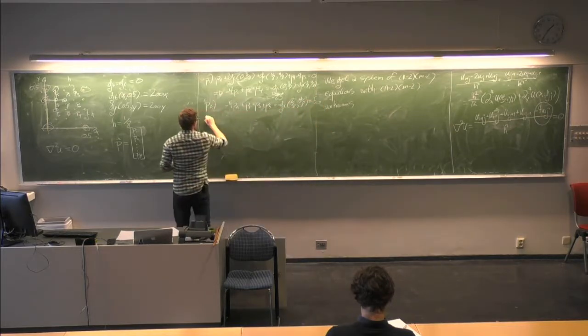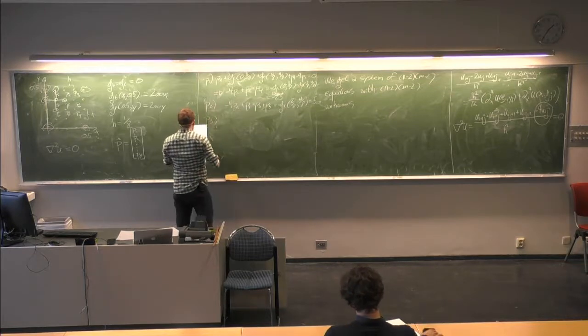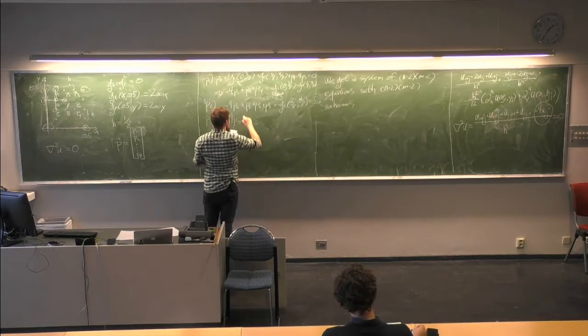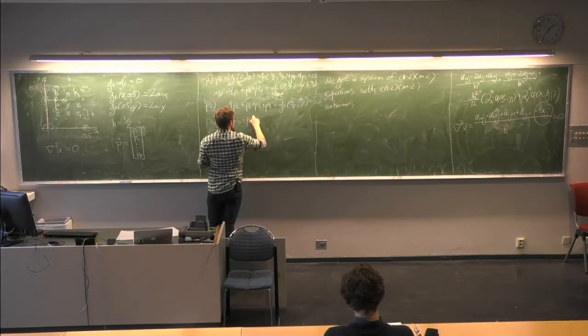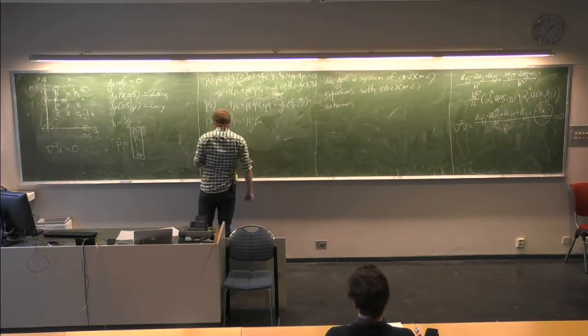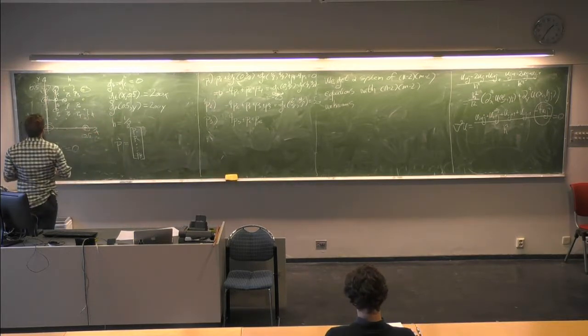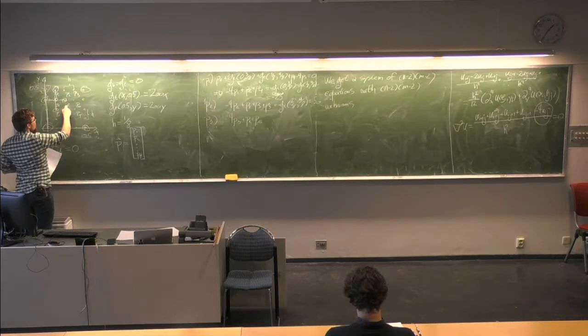I'll do one more, P3: minus 4 P3 plus P2 plus P6. And then we have for the one in the middle, it's only interior points.